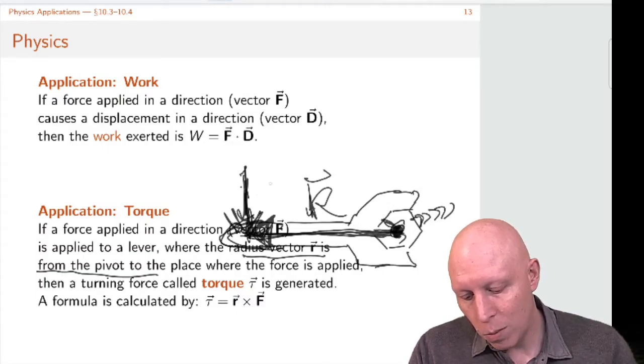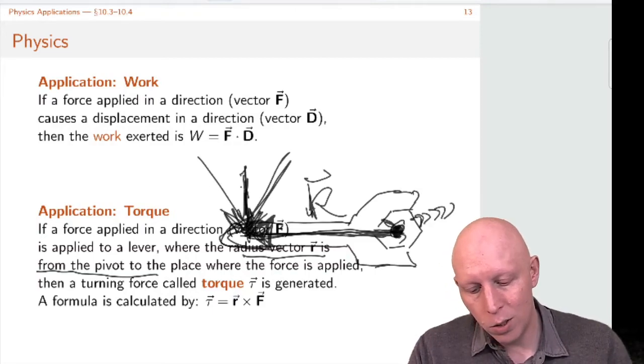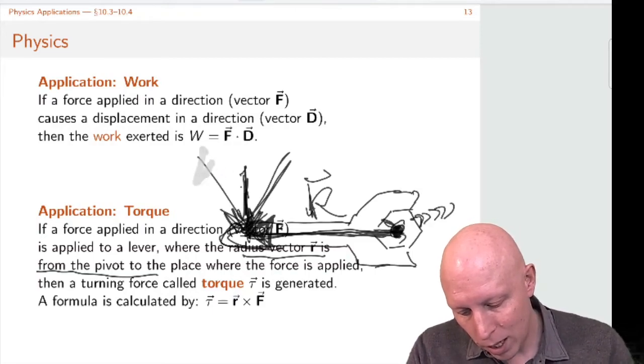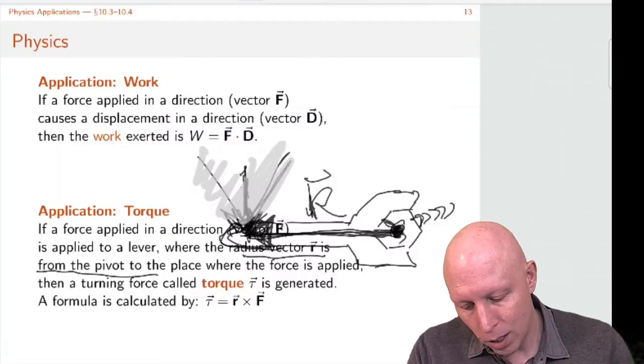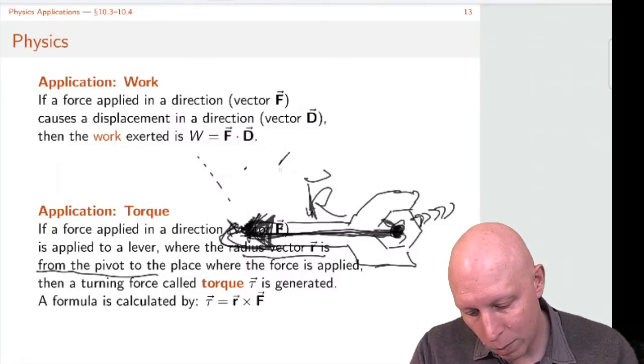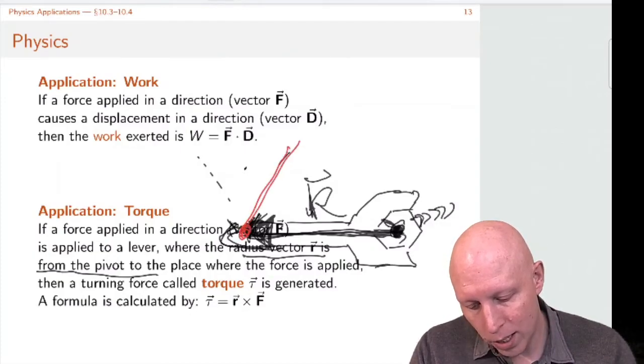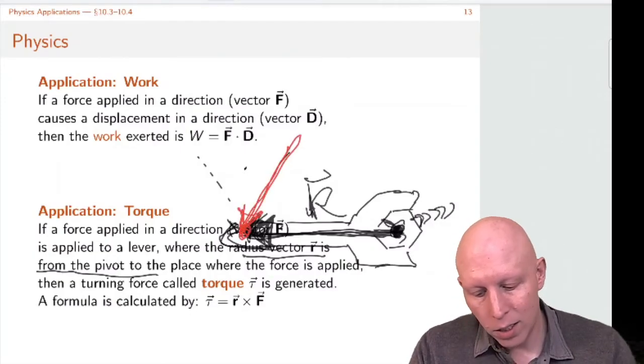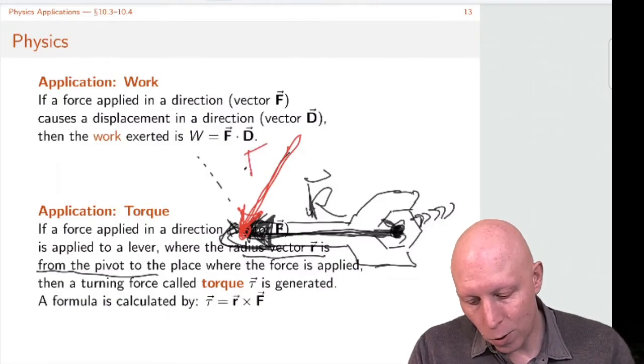Now, you can apply the force in a couple of different ways. Maybe you push down this way, maybe you push down this way. This is getting a little messy, but let's redraw this with a new color. So let's say you're pushing down at this spot in a certain direction. So this is our force being applied.